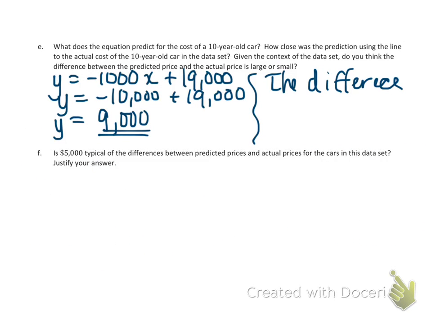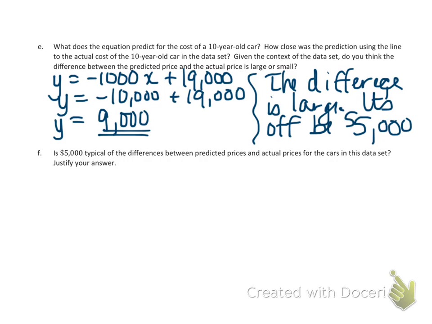And my car's only 10, so the difference is large. I could say something like it's off by roughly $5,000, which is a lot compared to the price of the car.